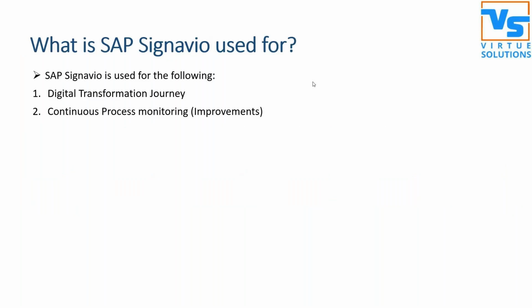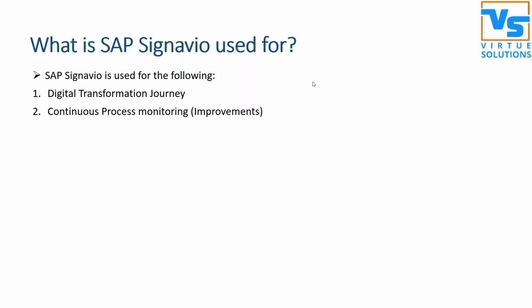So what is SAP Signavio used for? Right now it is used for improvements, where you will not use the complete full suite. Rather, you take the licensing of intelligence and manager to do only continuous process monitoring.